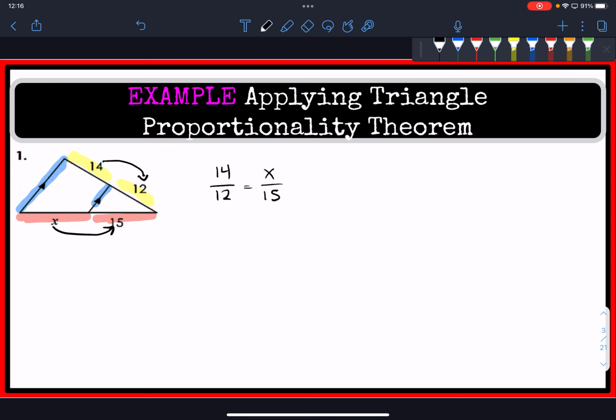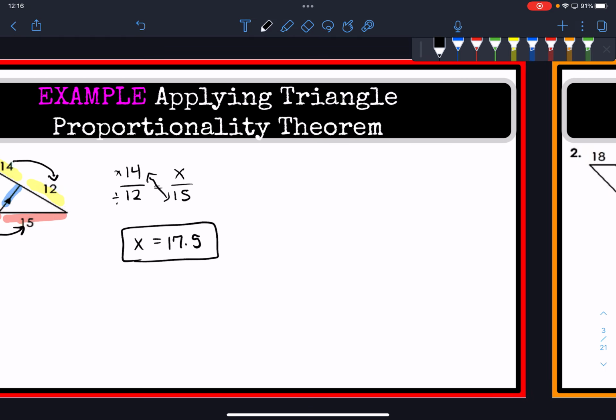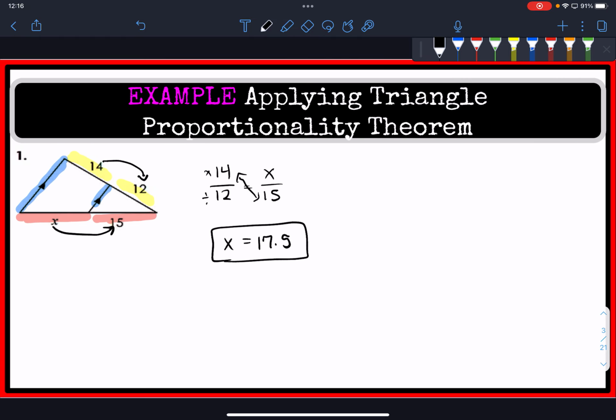So here, cross multiplying, which is simply going to multiply 15 and 14 and dividing it by 12, that's going to give us a total of 17.5. So that's your answer. That's the value of x.